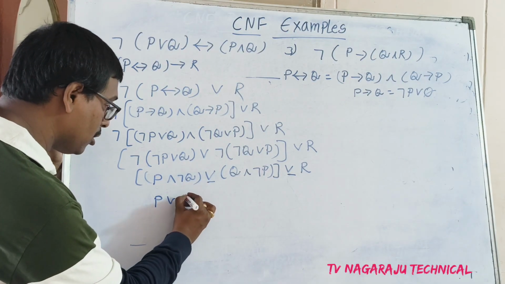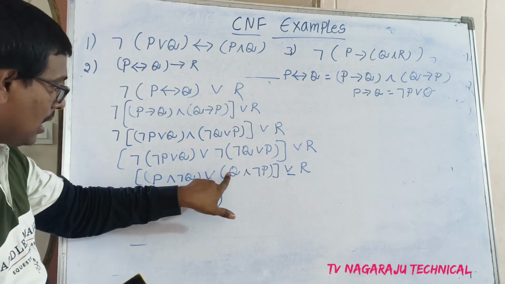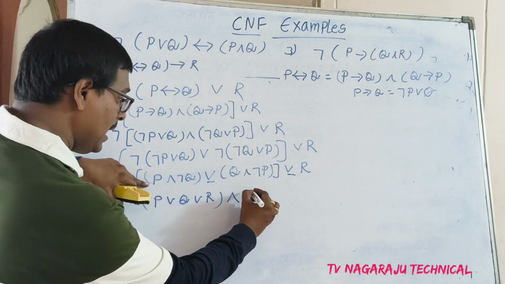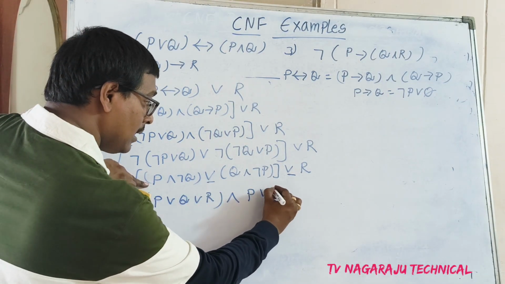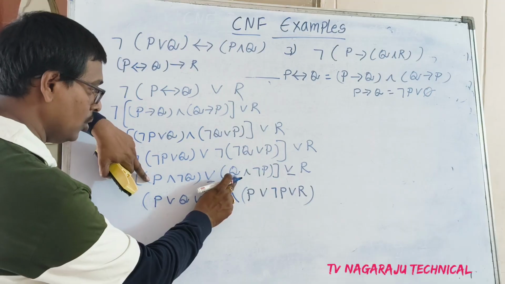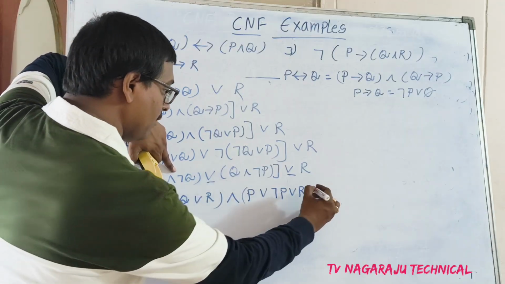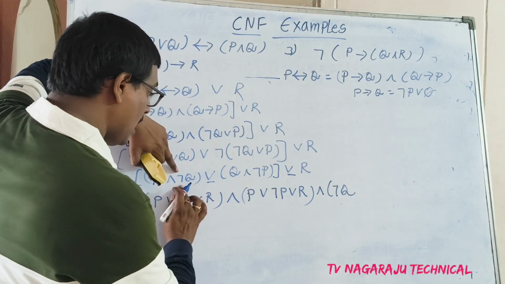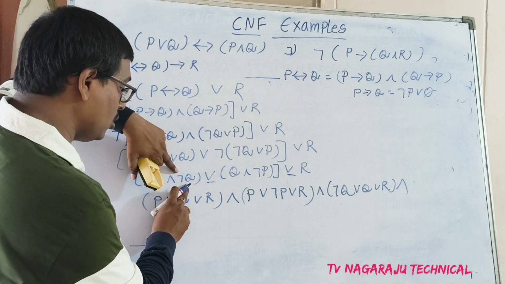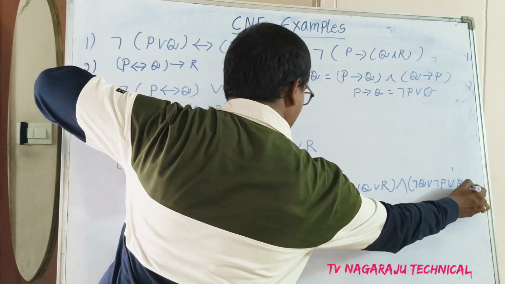P or Q or R, and P or P or negation P or R. First I am taking P: P or Q or R, P or negation P or R. Next I am taking with Q: negation Q or Q or R, and negation Q or negation P or R.